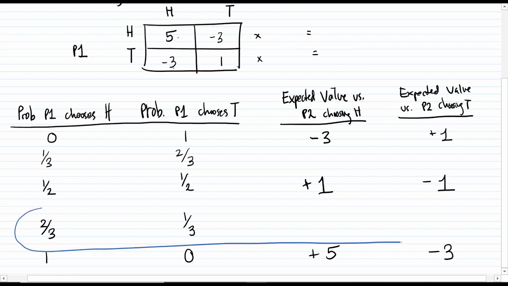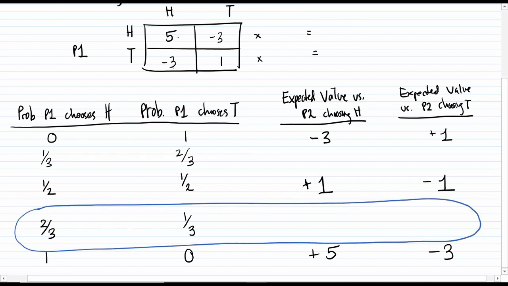Let's look at this row. Again, each row is a different mixed strategy. So let me put my probabilities up here. I have 2/3 and 1/3. And I want to find the expected value versus H. So my outcomes are going to be 5 and -3.